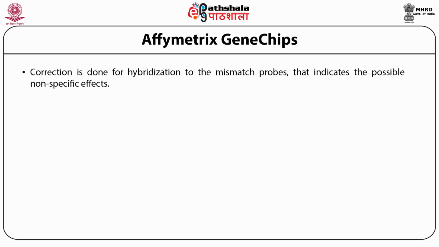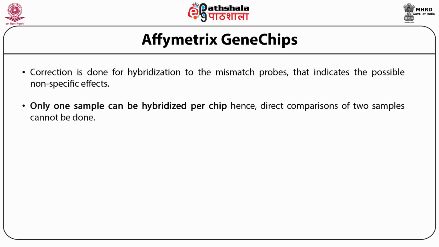Correction is done for hybridization to the mismatch probes, which indicates possible non-specific effects. Only one sample can be hybridized per chip, hence direct comparison of two samples cannot be done, something which we see in the case of glass chip microarrays.